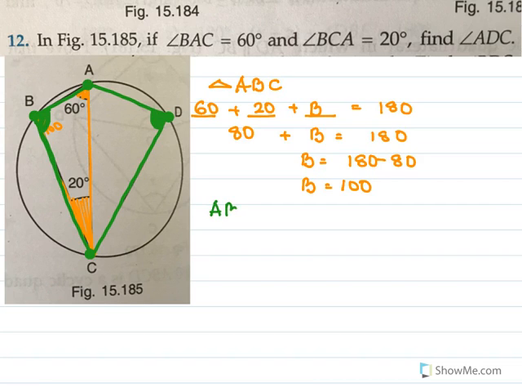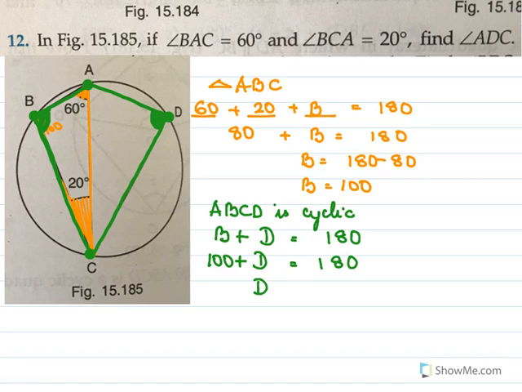So ABCD is cyclic, and therefore we can say B plus D equal to 180. Opposite angles are supplementary. So 100 plus D is 180. So D is 180 minus 100. So you get D as 80.